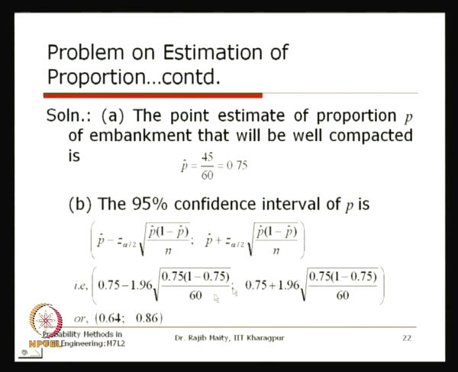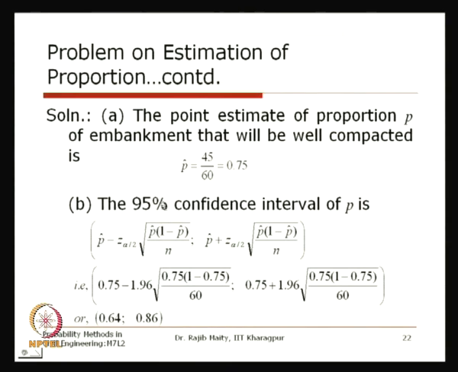If we do this, then we will get that this quantity becomes 0.64 and the other one becomes 0.86. So, the confidence interval for the estimate of this proportion p cap is 0.64 and 0.86, and you can see that it is symmetrical with respect to the estimate 0.75.